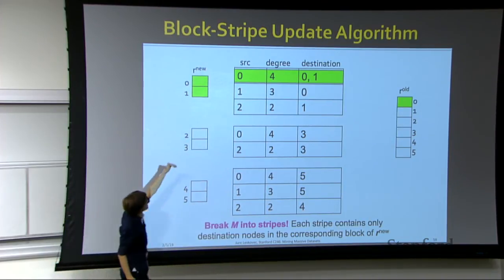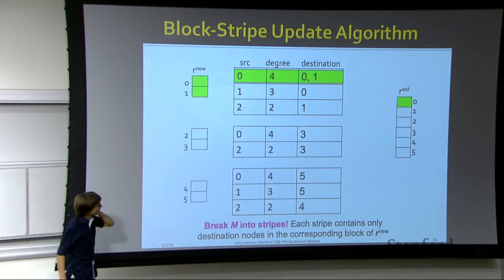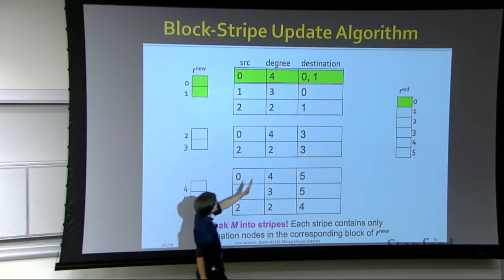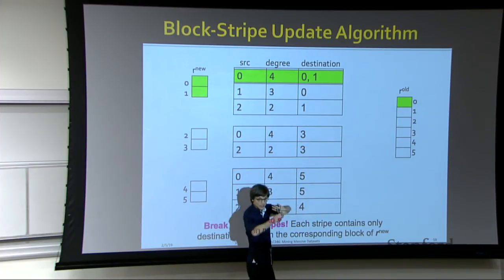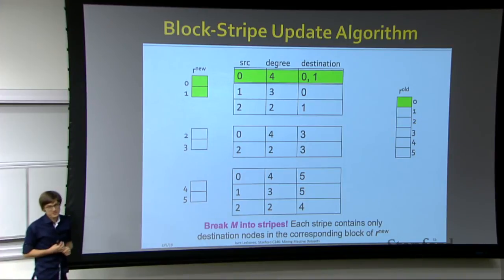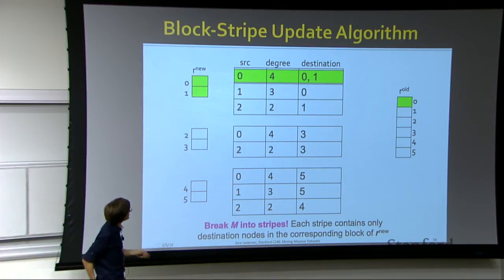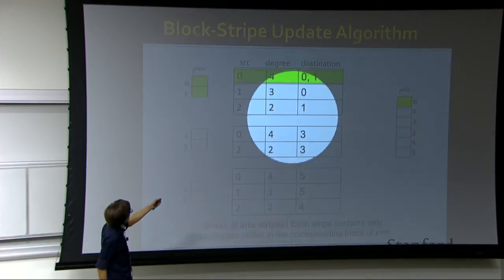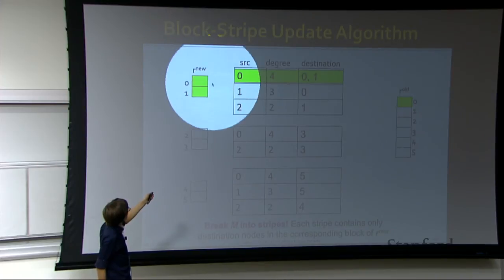So I will store my matrix as 3 separate matrices. What I really did is I took these destination lists and I partitioned them into stripes, as it is called, right? So what does this mean now? It means that I partitioned M such that here the destinations are only destinations to the nodes in the first block.